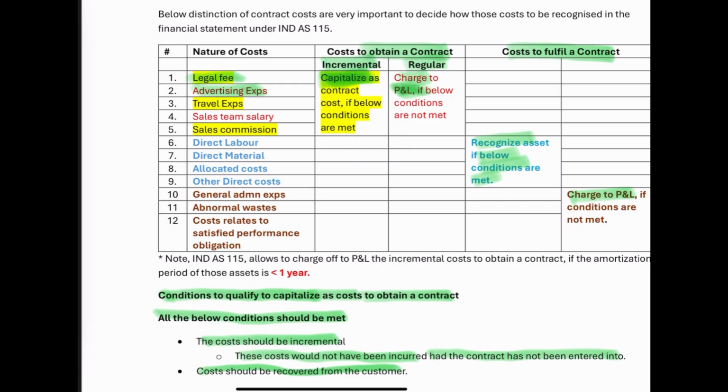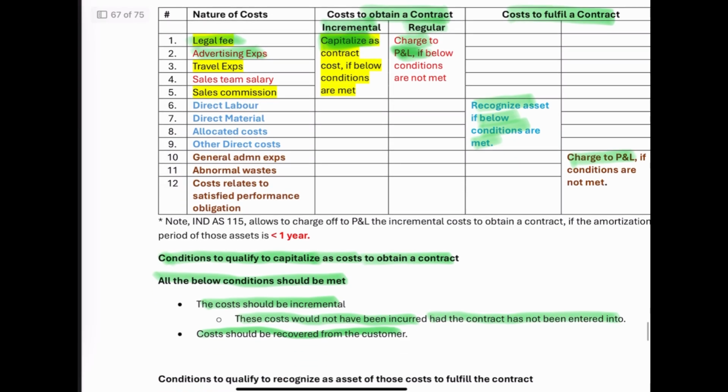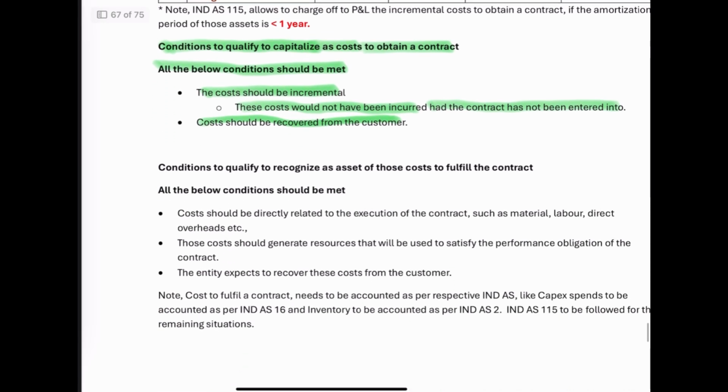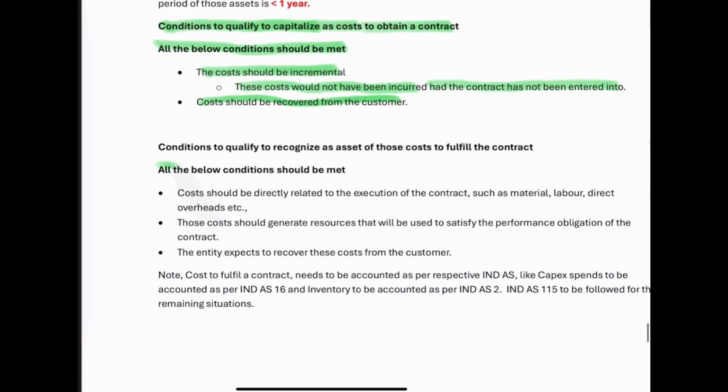Then coming to cost to fulfill a contract. In order to capitalize or recognize an asset for those costs to fulfill the contract, a few conditions need to be met. All these conditions need to be met. One, the cost should be directly related to the execution of the contract. So there should be a direct one-on-one correlation between the execution of the contract and the cost.